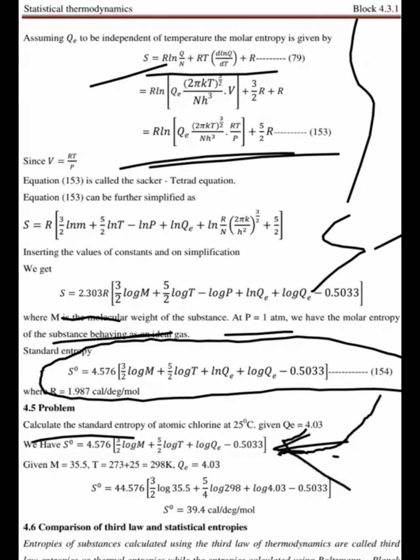We are going to substitute the values where M is equal to mass, temperature, and electronic energy is 4.03. So entropy of that system will be 39.4 calories per degree per mole.